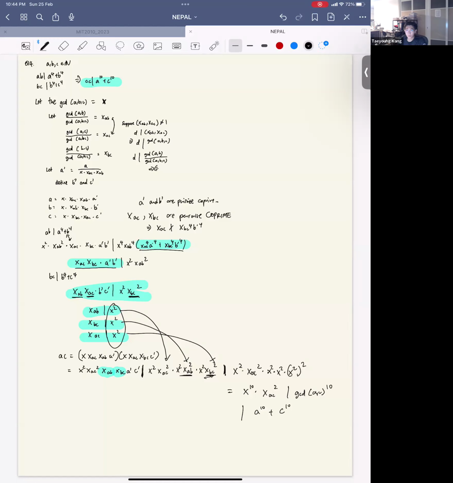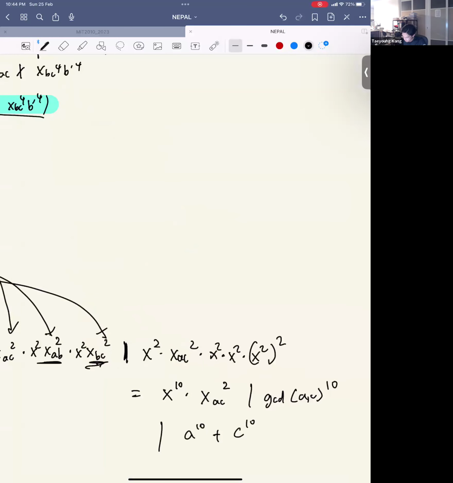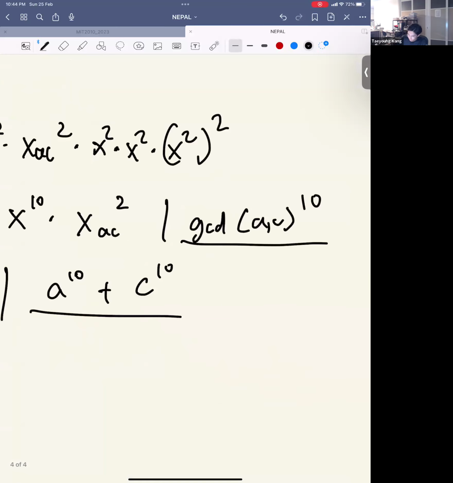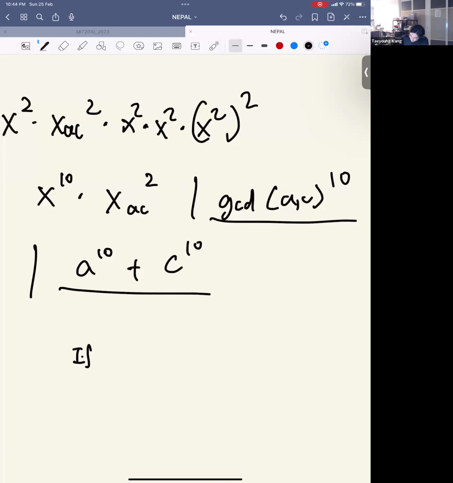Do you guys want me to go through the advanced problems, or... So I wasn't looking at the solution, but can you guide me why does this GCD of A comma C power 10 divides A 10 plus C 10? Yeah, this one. Because if GCD AC equals D, then A equals DA prime and C equals DC prime, right?